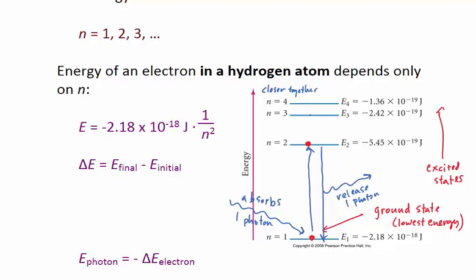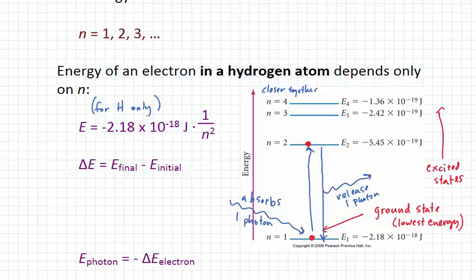Okay, so there is a not too complicated equation that defines the energy of an electron in a hydrogen atom. This is for hydrogen only, because remember we said other atoms depend on other quantum numbers.